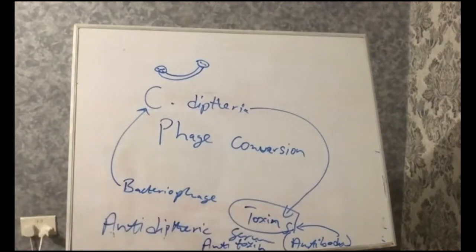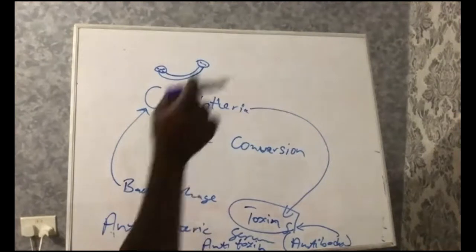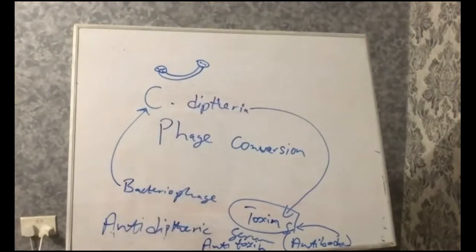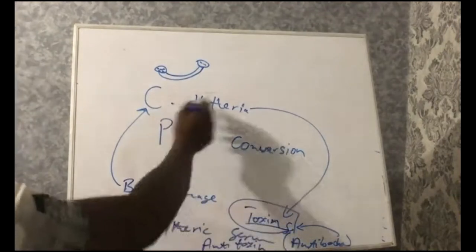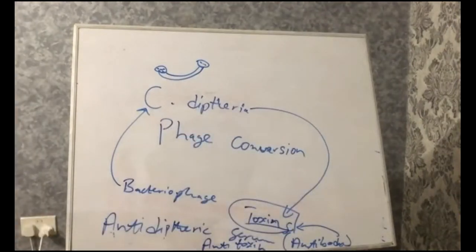And those antibodies are called antidiphtheric serum or antidiphtheric antitoxin. So it means that if someone is suffering from diphtheria, you can just inject the person with this antidiphtheric antitoxin to treat the diphtheria, since the diphtheria is caused by the toxins produced by the C. diphtheria. I hope you understand.